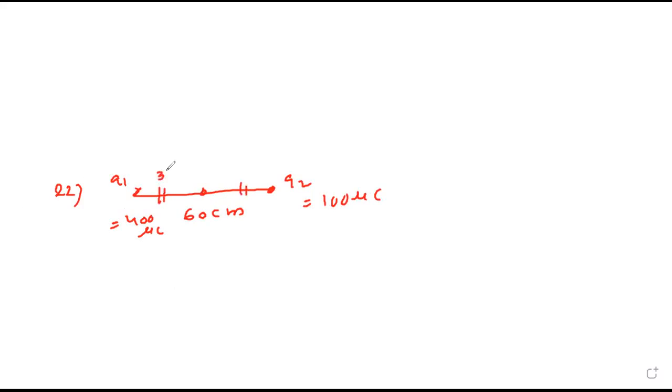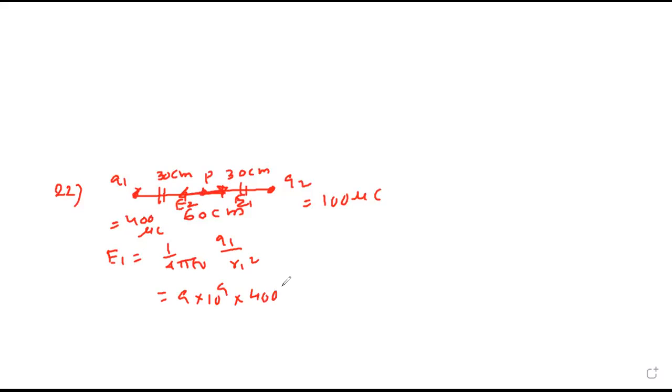At the center means this will be 30 centimeter, this will be 30 centimeter. Positive charge will give intensity always from that point away. So this is E1, this is also E2, away. Now I can say E1 is 1 upon 4 pi epsilon naught Q1 upon R1 square, that is 9 into 10 raised to 9, 400 into 10 raised to minus 6 upon 30 centimeter, so 30 into 10 raised to minus 2 square.